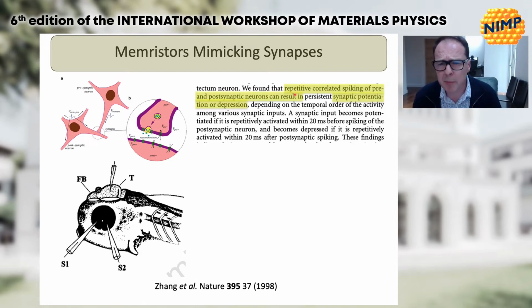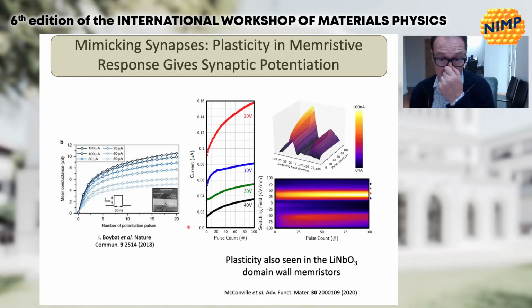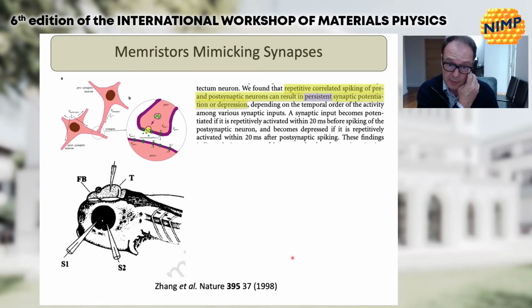But this first highlighted piece of text is just saying, if you repeatedly hit the potential difference across the synapse, you can progressively develop either its potentiation or its depression. So you can increase or decrease its resistance by repeated voltage stimulation. This is called plasticity, and is something that's very commonly seen in memristive type devices. And we see it in our LNO domain wall devices. Okay, nice.